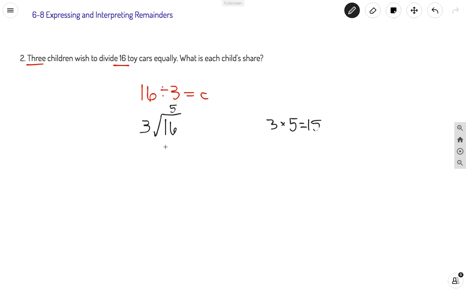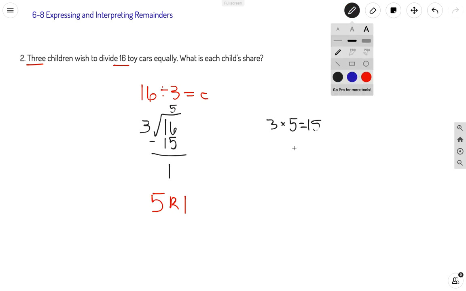And 3 times 5 is 15. And I'm going to subtract. 16 minus 15 will give me 1. So when I do this division problem, I can see that my answer is 5, remainder 1. But I want to write this out as a picture so I can see it more clearly.